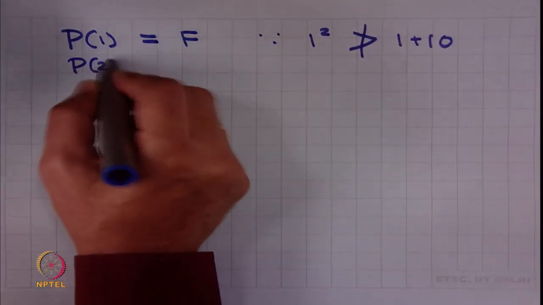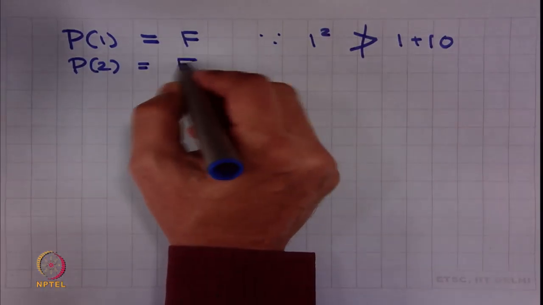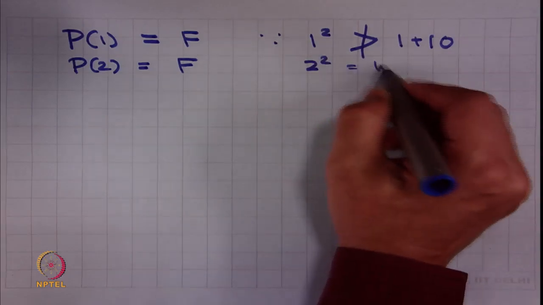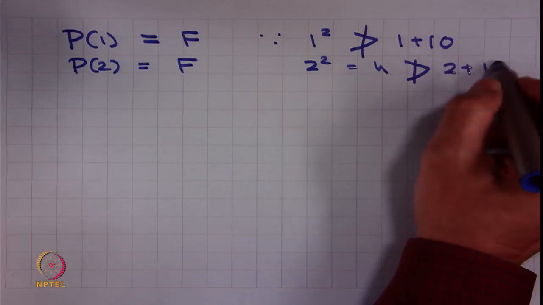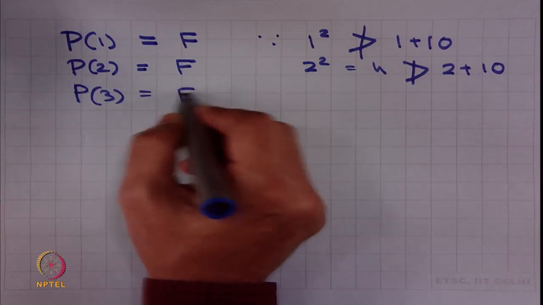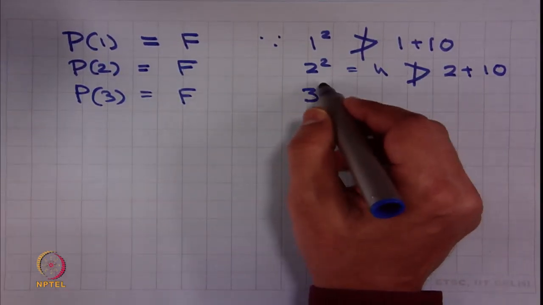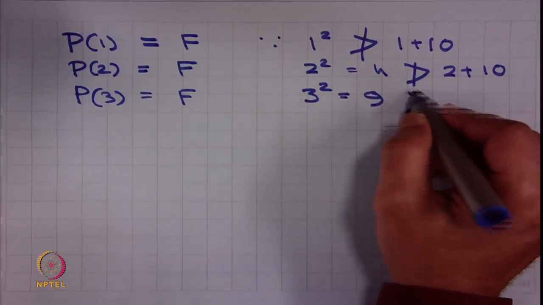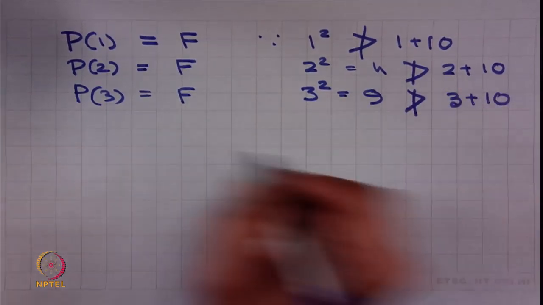P of 2 is equal to false, since 2 square is equal to 4 is not greater than 2 plus 10. P 3 is equal to false, since 3 square is equal to 9 is not greater than 3 plus 10.